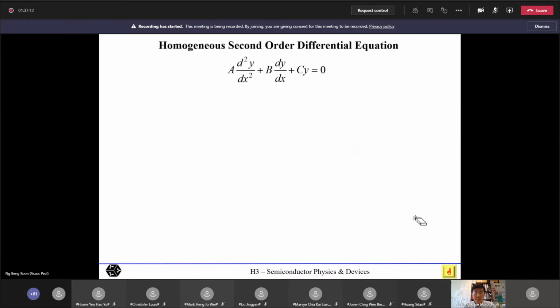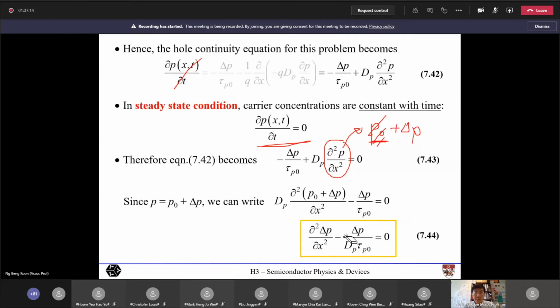If you treat it as a steady state condition, the time factor is gone, so delta P is just a function of x.